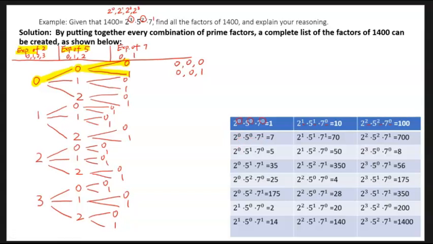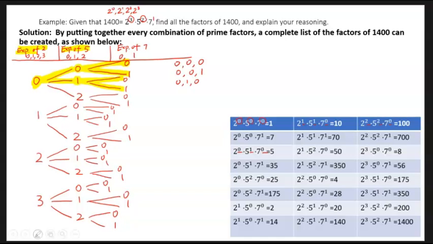The next option is to start from 0. And so 0 for 2, 1 for 5, and 0 for 7. So now we got the option 0, 1, 0, which is the next option. And then, of course, the next one will be 0, 1, 1.